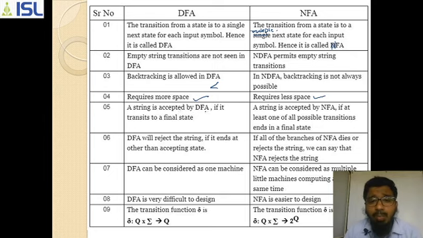A string is accepted by DFA if it transits to a final state. A string is accepted by NFA if at least one of the possible transitions ends in a final state.